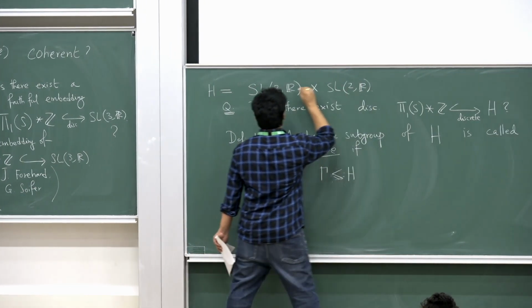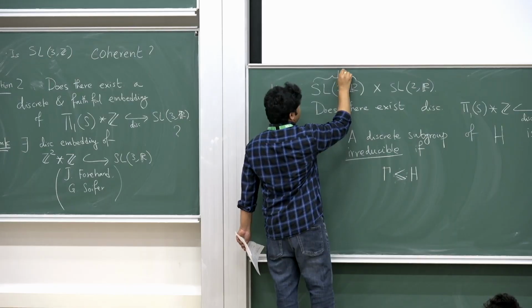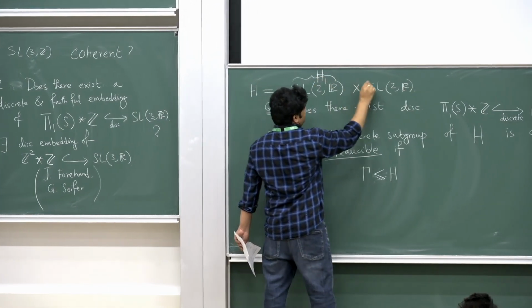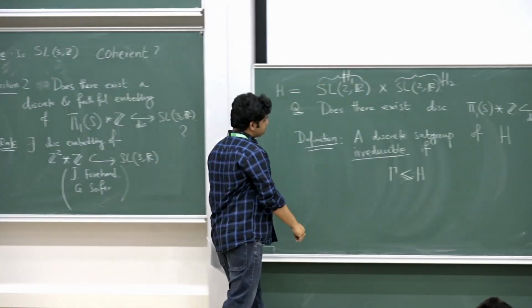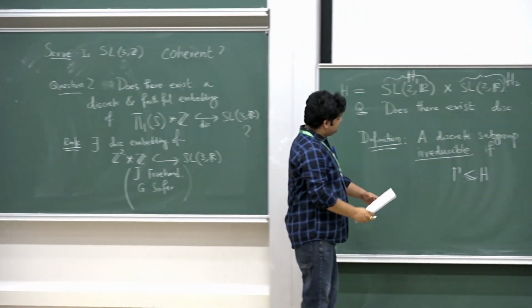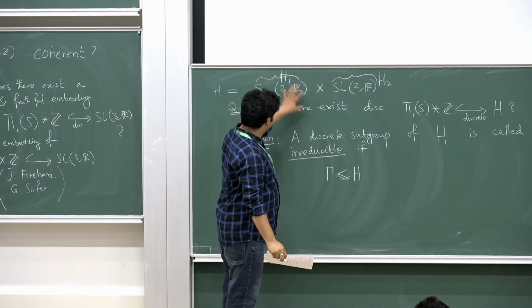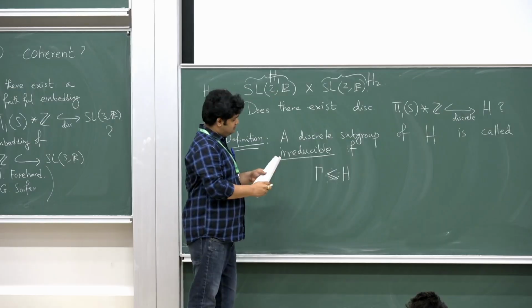So let's call the first one H1 and let's call this one H2. So a discrete subgroup is called irreducible if the projection to both factors are dense.